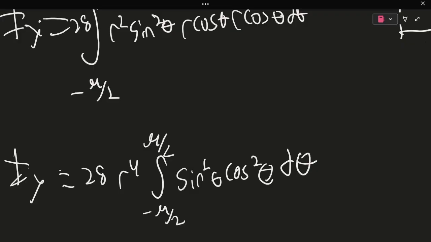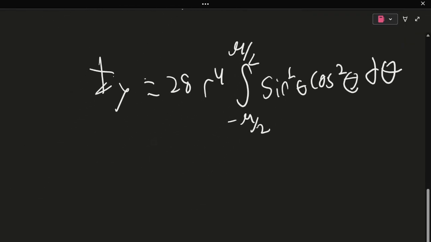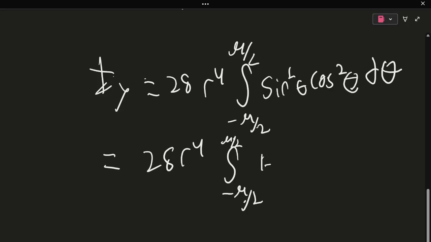Now we're going to first use a Pythagorean identity, and we'll use it on sine squared theta. So this expression is equal to 2 times density times r to the 4th times the integral from negative pi over 2 to pi over 2 of 1 minus cosine squared theta times cosine squared theta, all d theta.